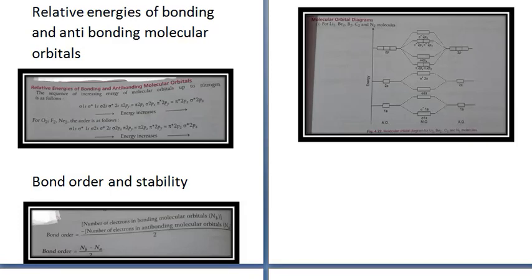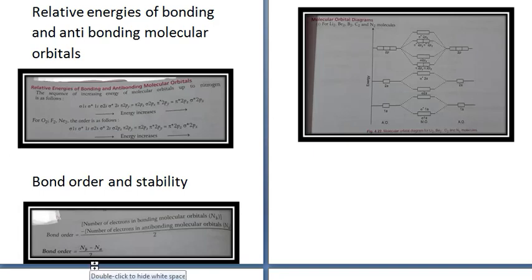Now bond order is given by the formula: number of electrons in bonding molecular orbitals minus number of electrons in anti-bonding molecular orbitals, divided by 2. If the number of electrons in bonding molecular orbitals is Nb, and the number of electrons in anti-bonding is Na, the formula will be Nb minus Na upon 2.